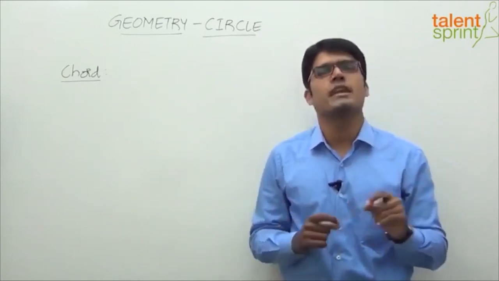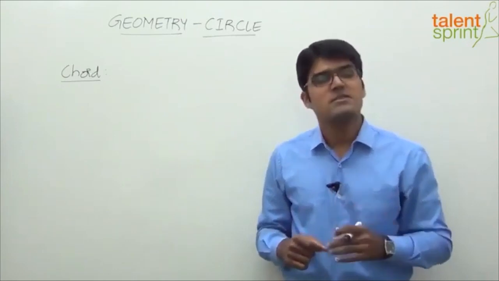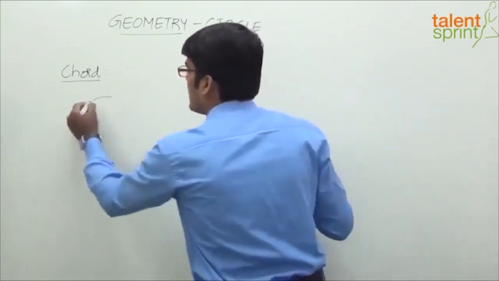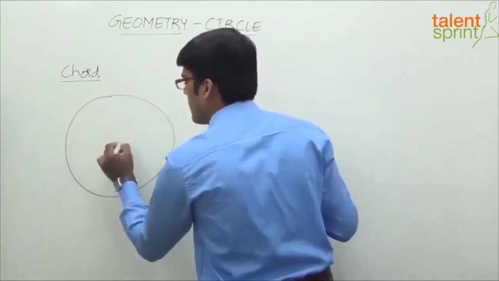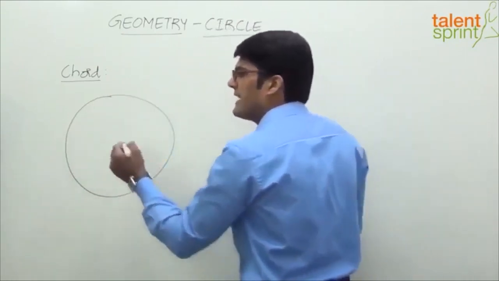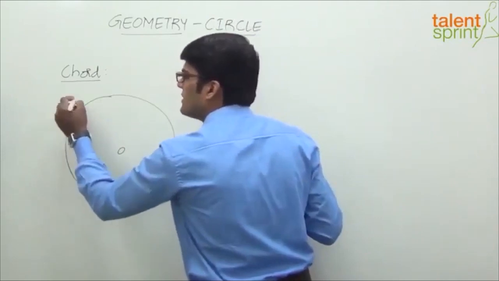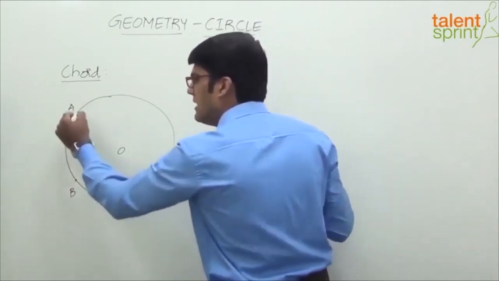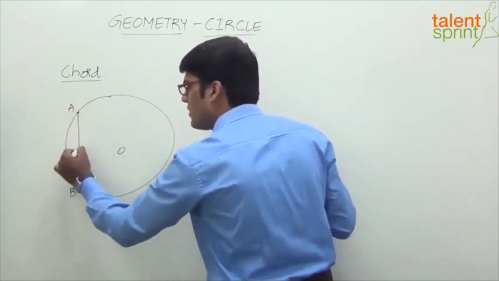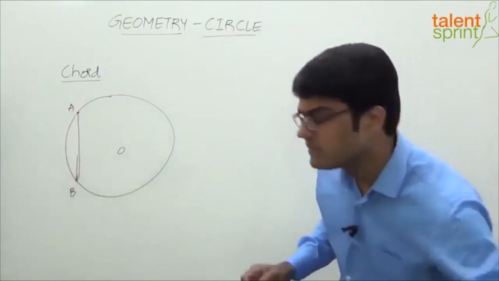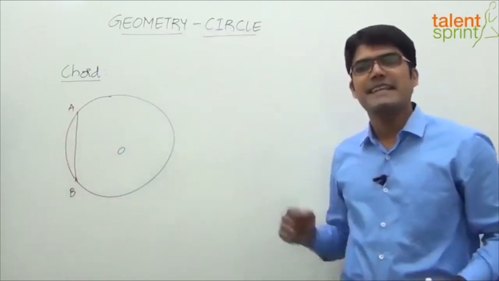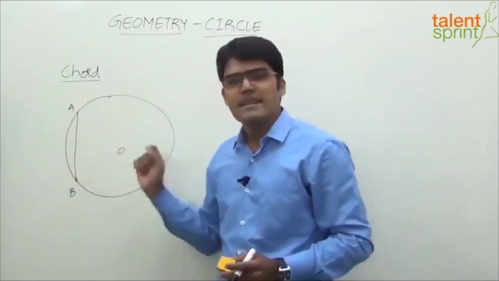For example, let's say here we have a circle with the center O. Now take 2 points on the circumference. Let's say this is point A and here is point B. So this line joining A and B is called a chord.